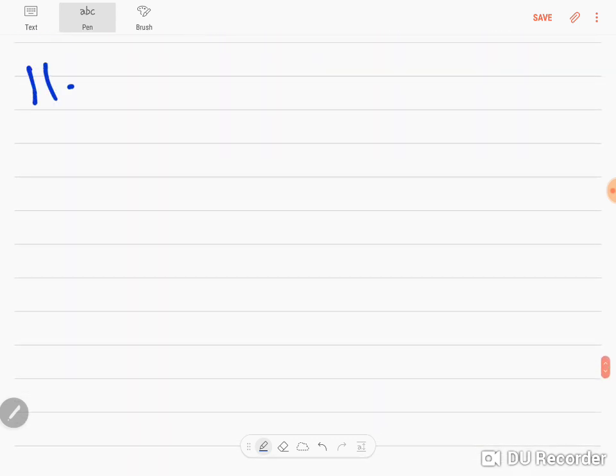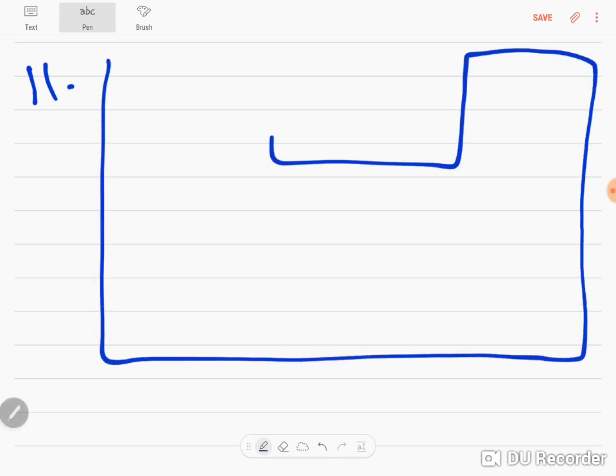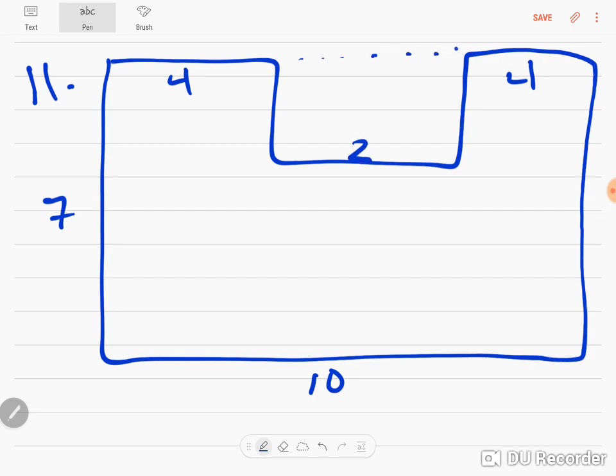Number 11. I think it is the same thing. Number 11 is one of those weird shapes again. This is 4, this is 4, this is 10, this is 7. If I know that this whole length right here is 10, then I know that this missing piece right here is 2.